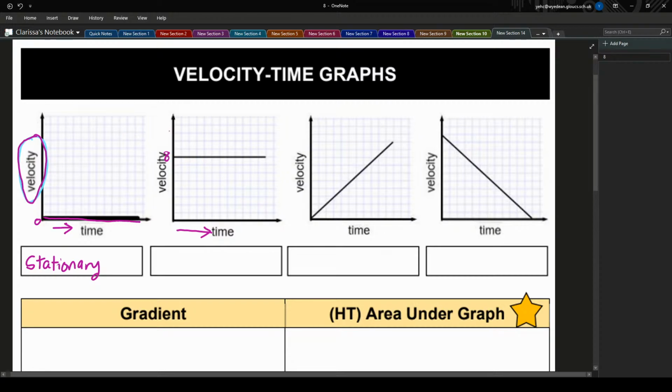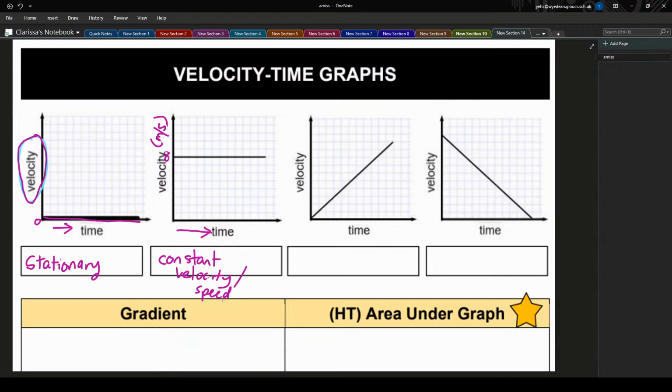Remember, velocity is measured in meters per second, and it's just speed in a direction. So it's moving at a constant 8 meters per second. So we say this is constant velocity, or you could also say constant speed. It'll be the same thing. Remember, velocity is exactly the same thing as speed, just in a particular direction.